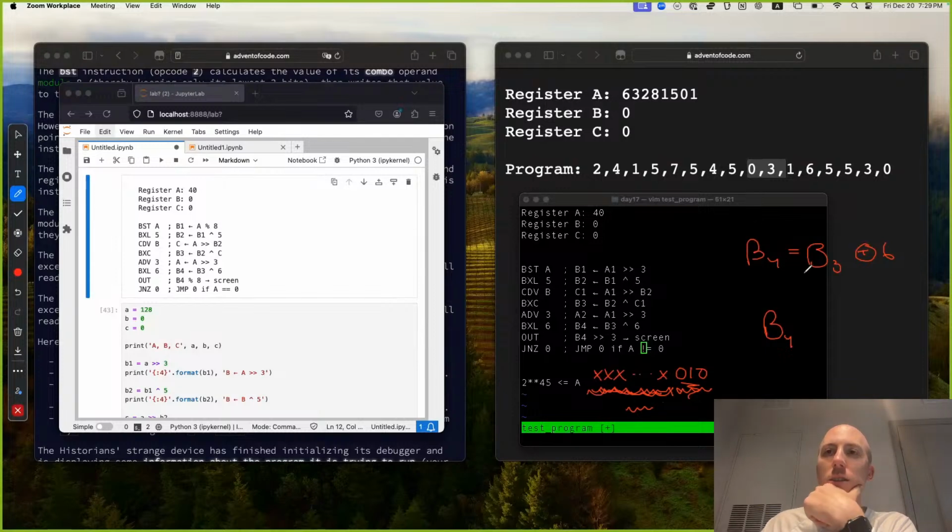So basically, when we XOR B3 with 6, we want to get this. So what number XORed with 6 is going to give us this? So 6 is... So we want to XOR some number with this to give us 6.